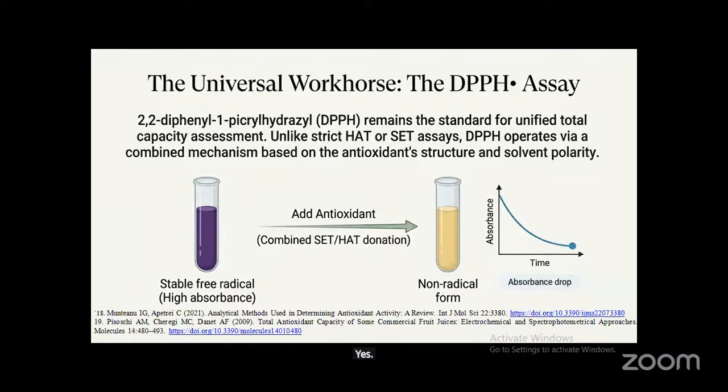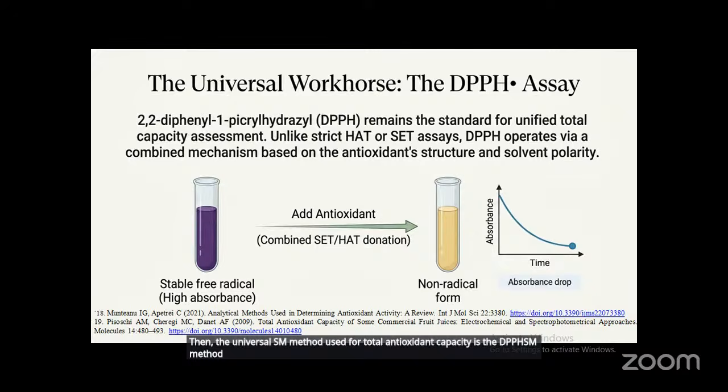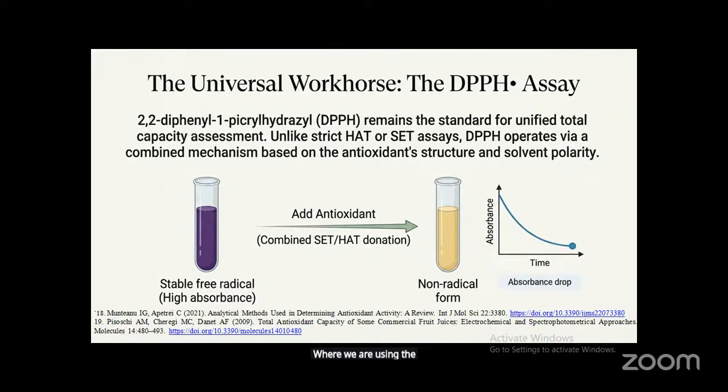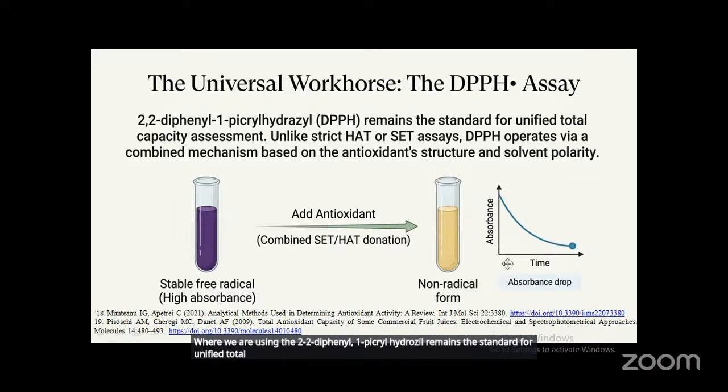Then the universal assay method used for total antioxidant capacity is the DPPH assay method, where we are using 2,2-diphenyl-1-picrylhydrazyl, which remains the standard for unified total capacity assessment. Thereby, the color changes will give the result.